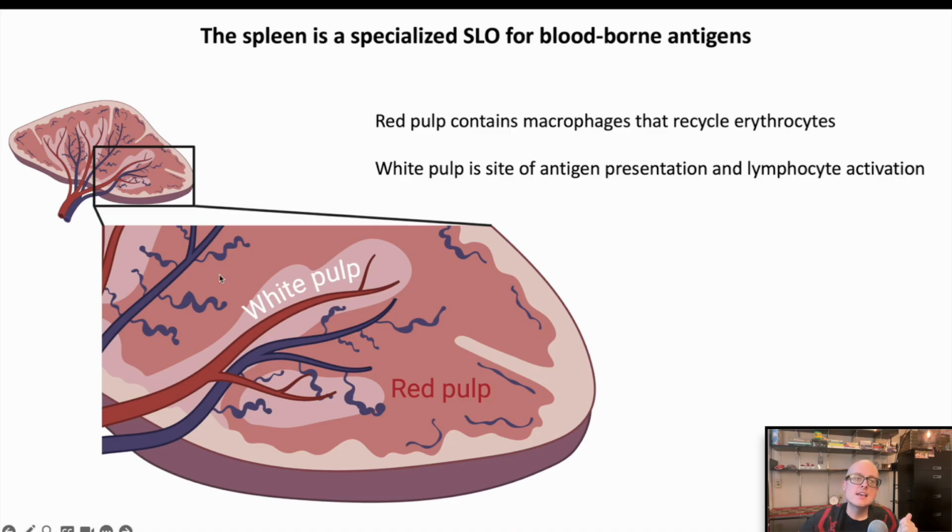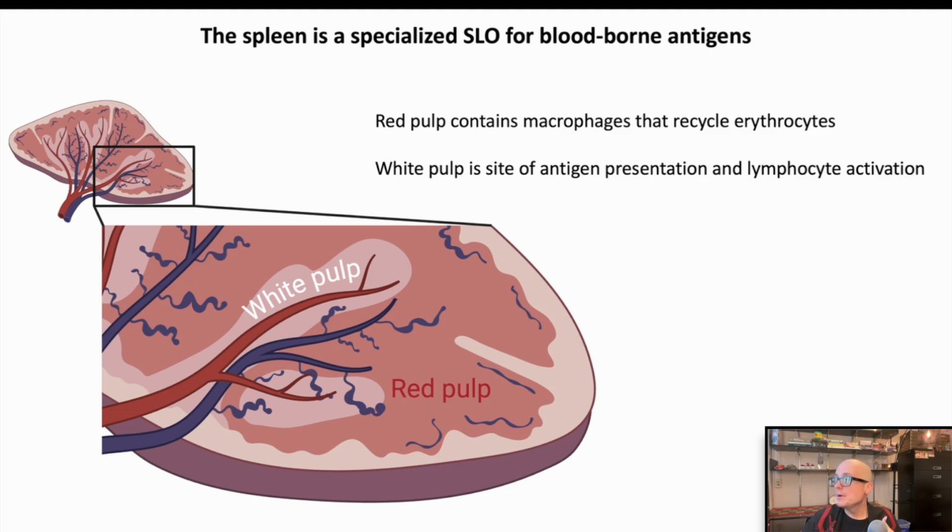And you can see that it is surrounding the arteriole that's coming into the spleen. So instead of lymphatics bringing fluid and antigen and cells into the lymph node, in the spleen, everything is entering through the arterial circulation, through the splenic artery.